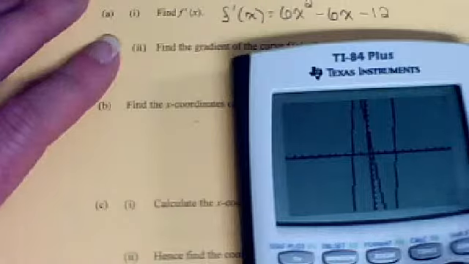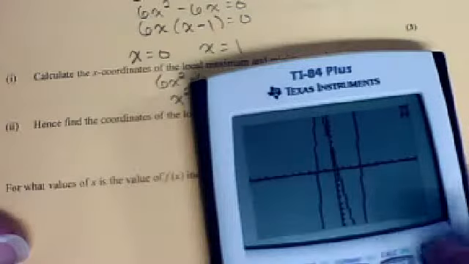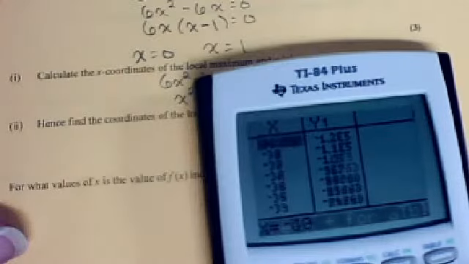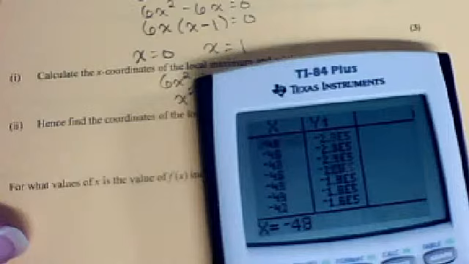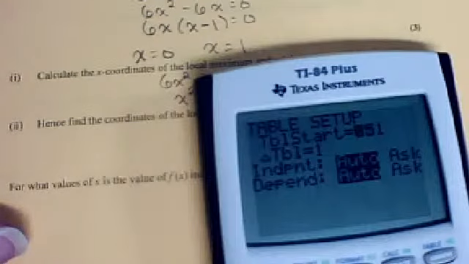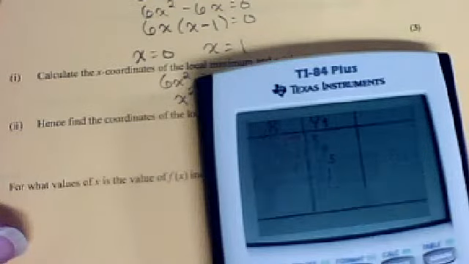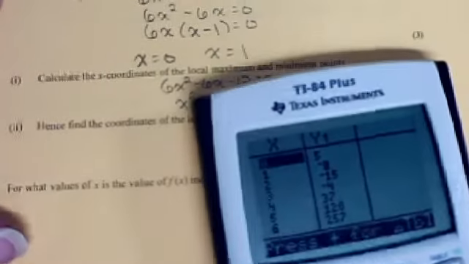So the maximum is occurring at negative 1, and that minimum is occurring when x is 2. You can also tell that by your table. I'm going to go to the table, set it up, and start it back at 0. When x is 2, I'm at my minimum of negative 15.